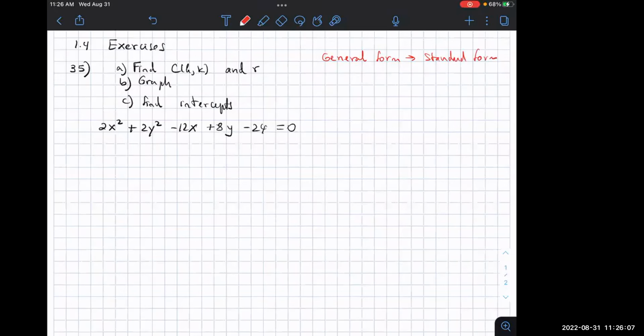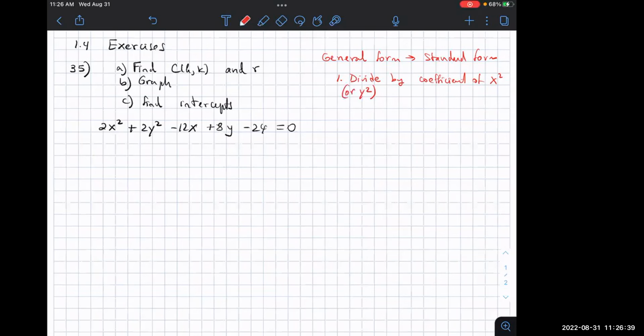Okay, so the examples that we had yesterday, the coefficients of the x squares and y squares were 1. So that is the first step before completing the squares. So divide by the coefficient of x squared. Now, if it's a circle, the coefficients of x squared and y squared will be the same.